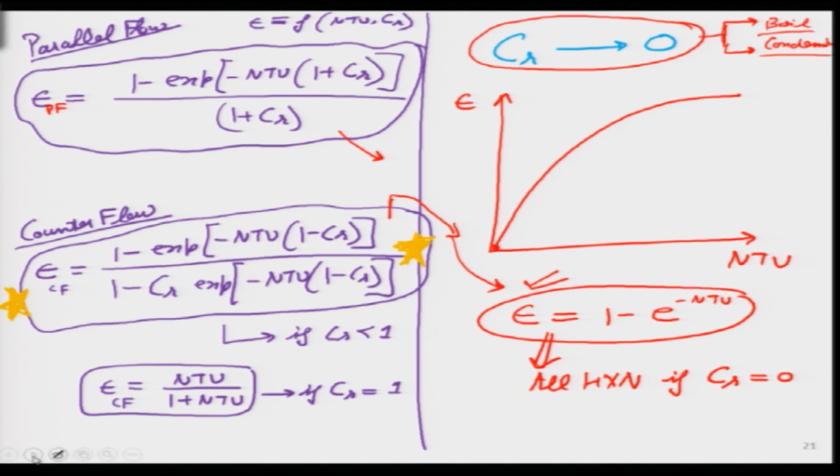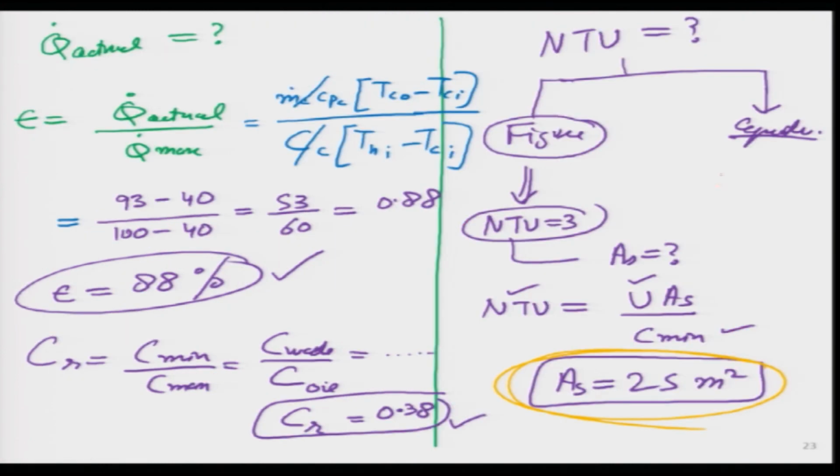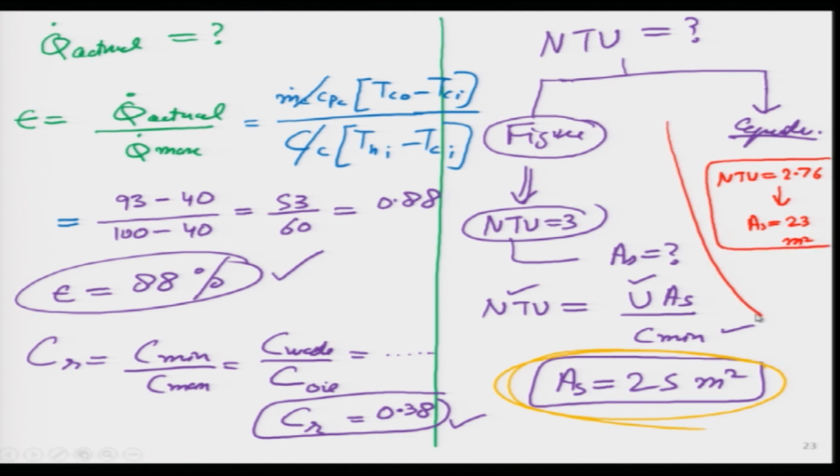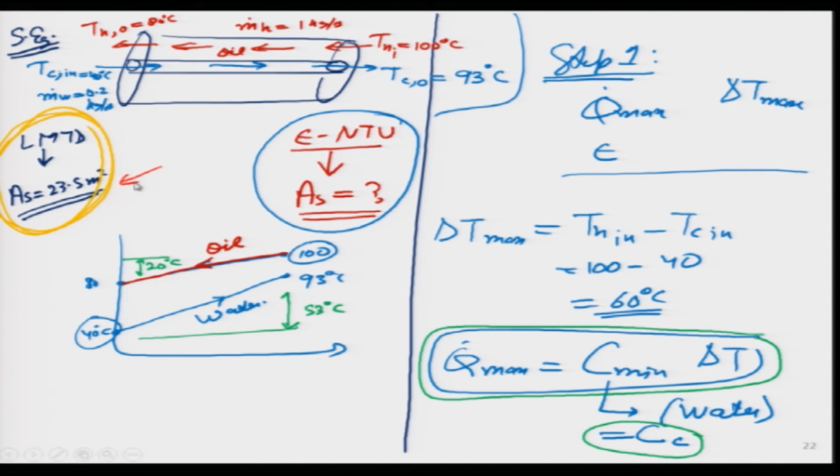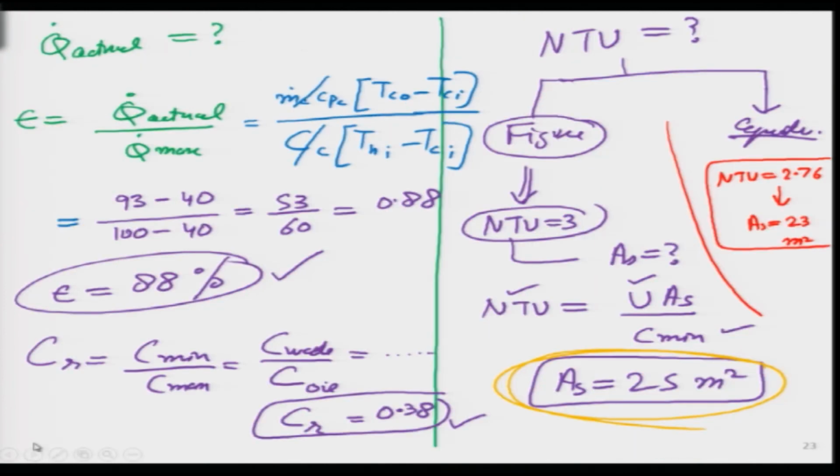If I did it with the accurate equation method, then NTU turns out to be about 2.76, and based on this my A_S value turns out to be 23 meters square. So, with the equation method it is 23 meters square, which is close to this. Some difference is still remaining, but look how nice a method it turns out to be.